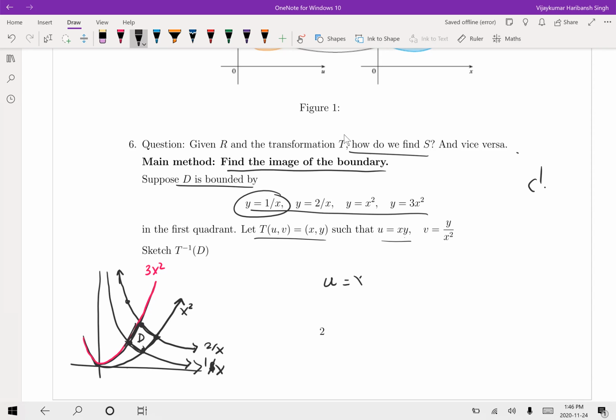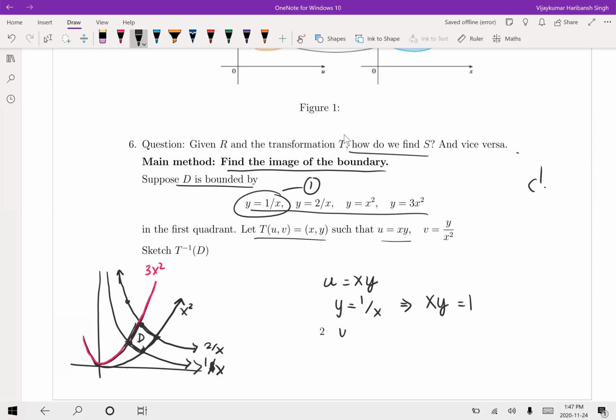We have u equals xy. The first one, y equals 1 over x, gives xy equals 1.